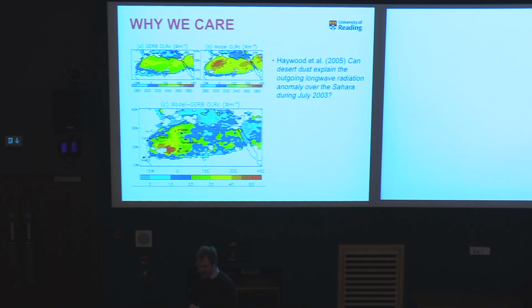In terms of numerical weather prediction, aerosols are also important. That's work by Jim Haywood at the Met Office back in 2005. In the Met Office model, there used to be a problem with outgoing long-wave radiation: the model tended to have too much outgoing radiation over the Sahara Desert.